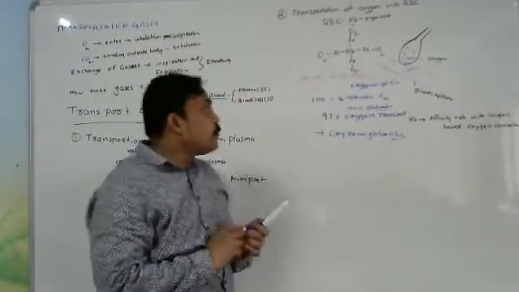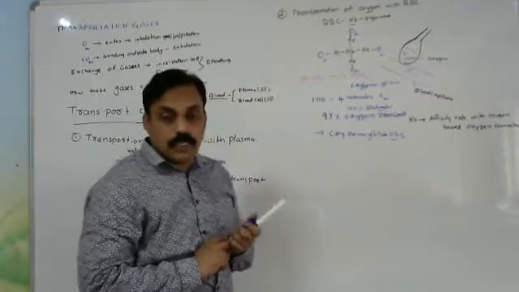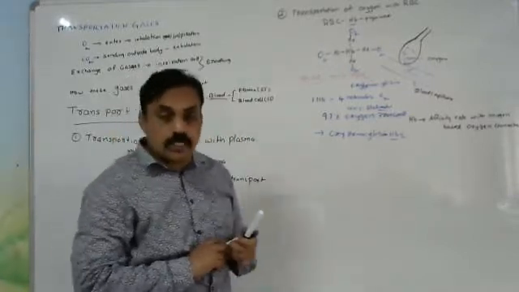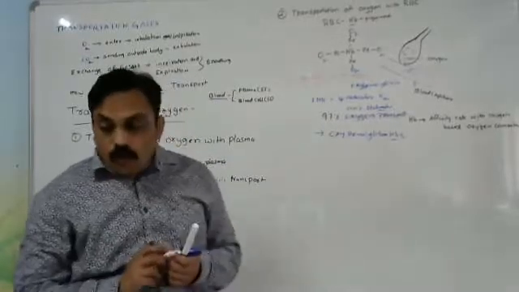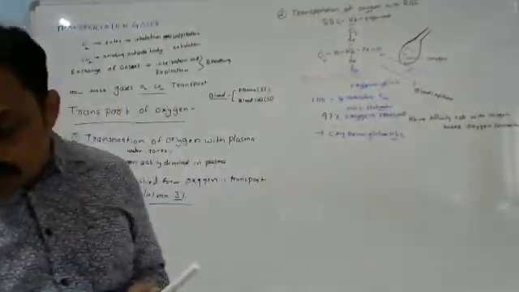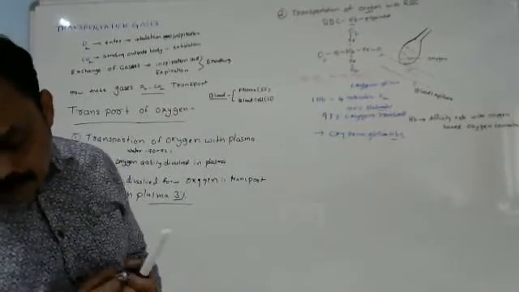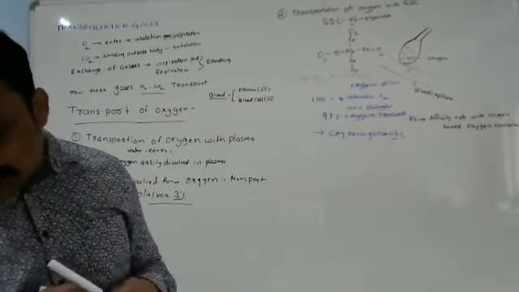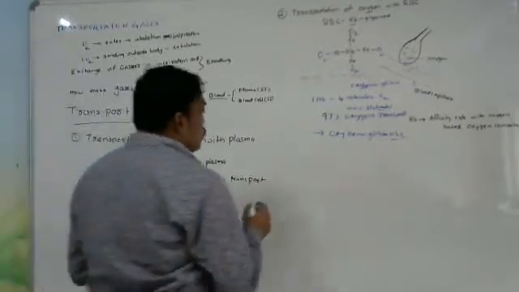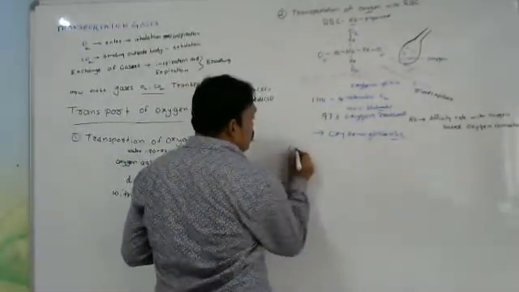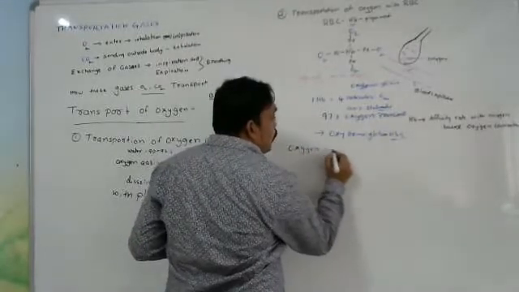Through RBC, 97% of oxygen is transported. Now what are we going to discuss? The oxygen-hemoglobin dissociation curve.